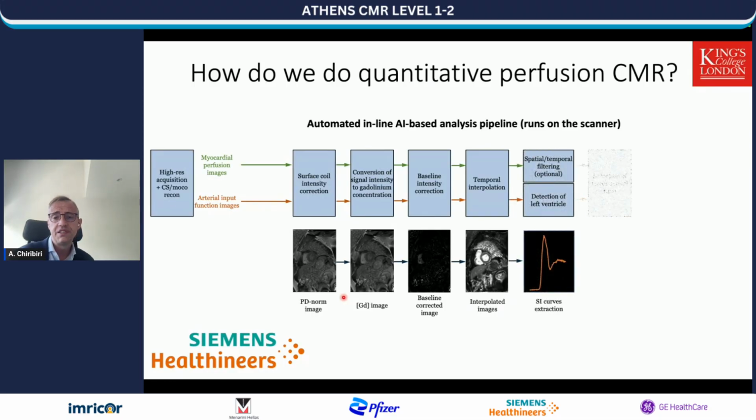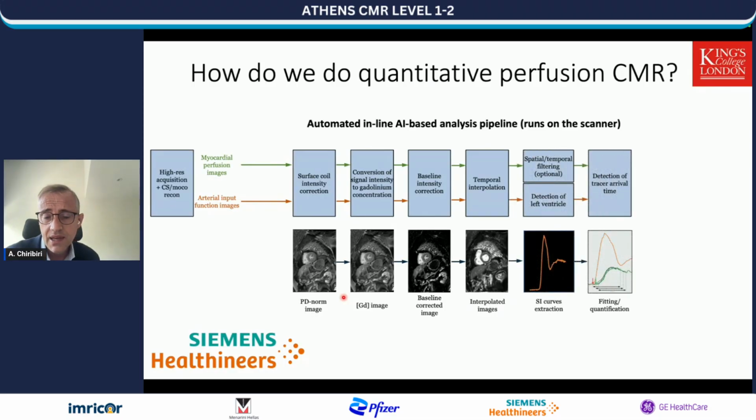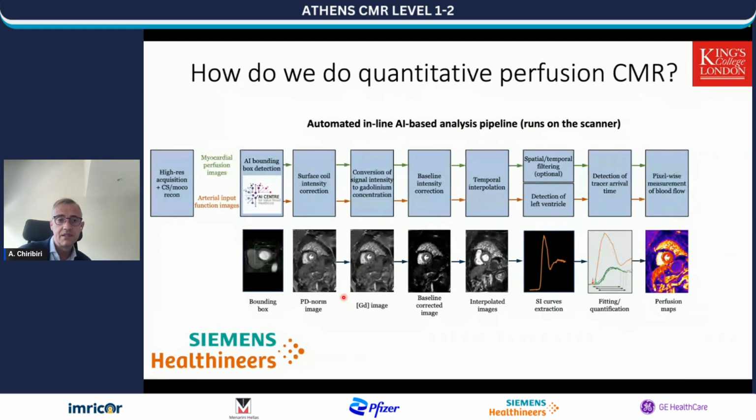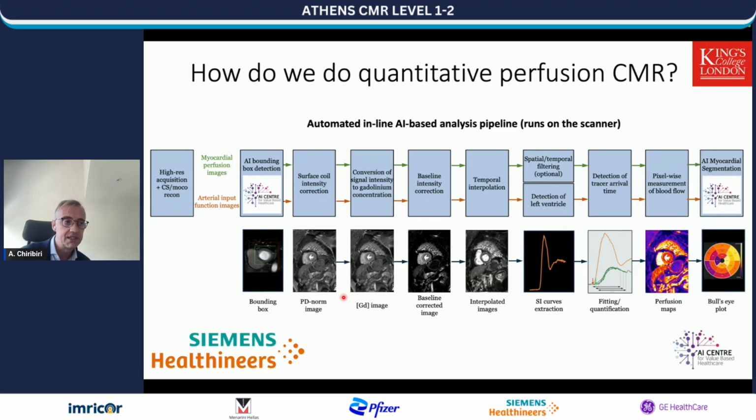You can do all of these automatically on the system. And AI is actually involved in a number of steps, such as detection of the position of the heart, temporal filtering, the detection of the arrival time, and the modeling of perfusion itself. And of course, myocardial segmentation.